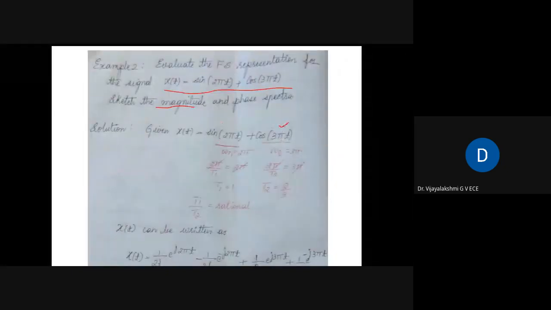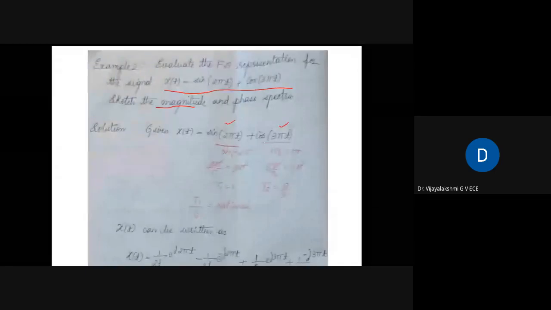This is a periodic signal, and this is also a periodic signal. The addition of periodic signals may or may not be periodic. You know how to check the periodicity when you have a summation of two periodic signals. So first check whether this addition of two periodic signals is periodic or not, and then proceed.